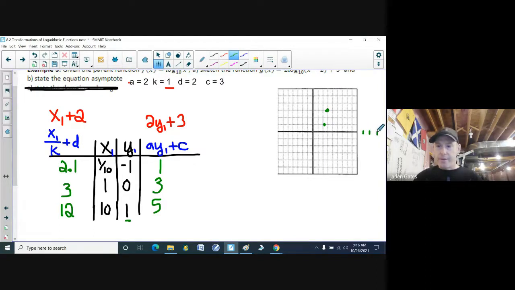I guess I forgot to check my graphics out, but 12's over here. We're going up 5, which is all it can do. So my graph's going to look something like this. That's my transformation of my log function.